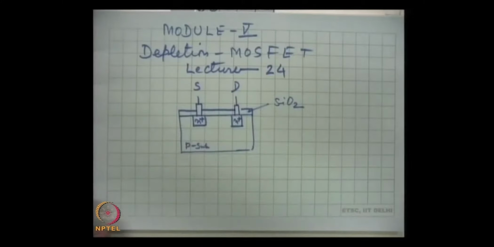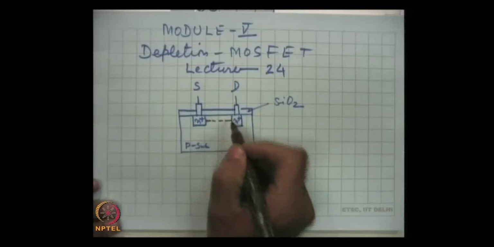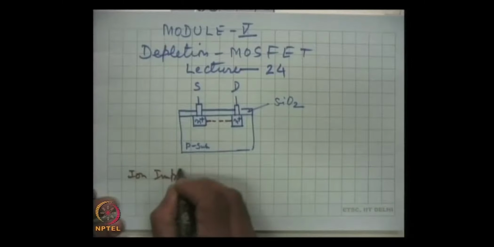By ion implantation, a channel is created here. Ion implantation is a very sophisticated technique by which we can dope very precisely the region where we want to dope and how much we want to dope. So, both controls are very precise in ion implantation.